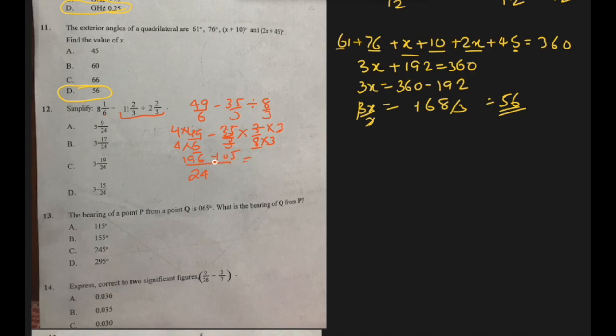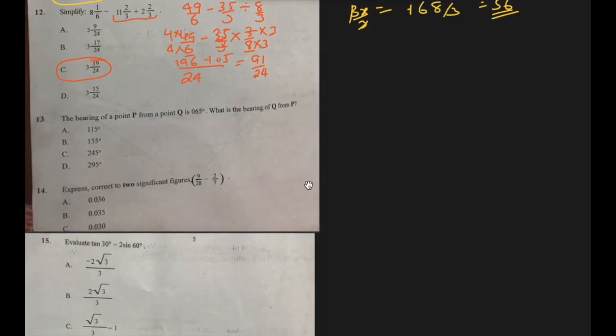So that comes out with 91 over 24. So okay, 24 times 3 is 72, 91, 72 plus 19. Okay, yeah.